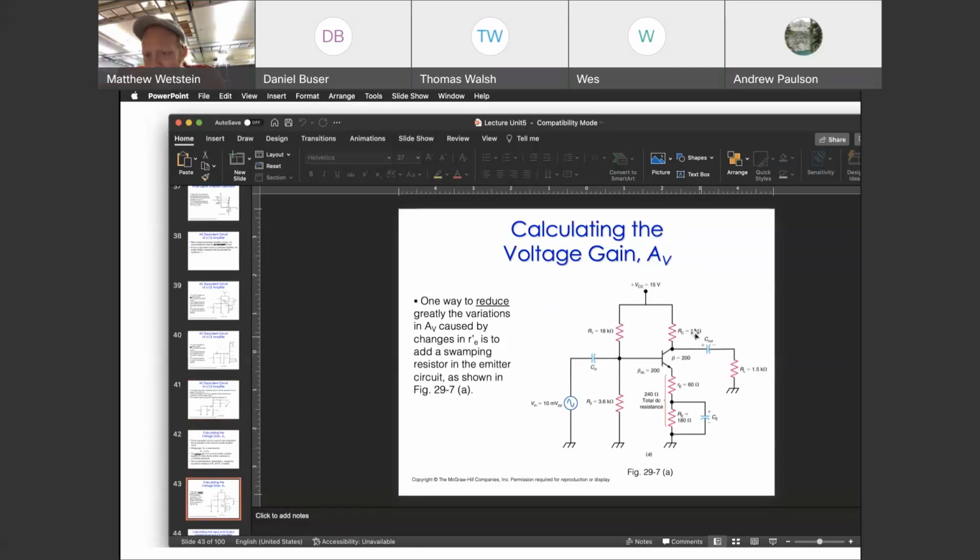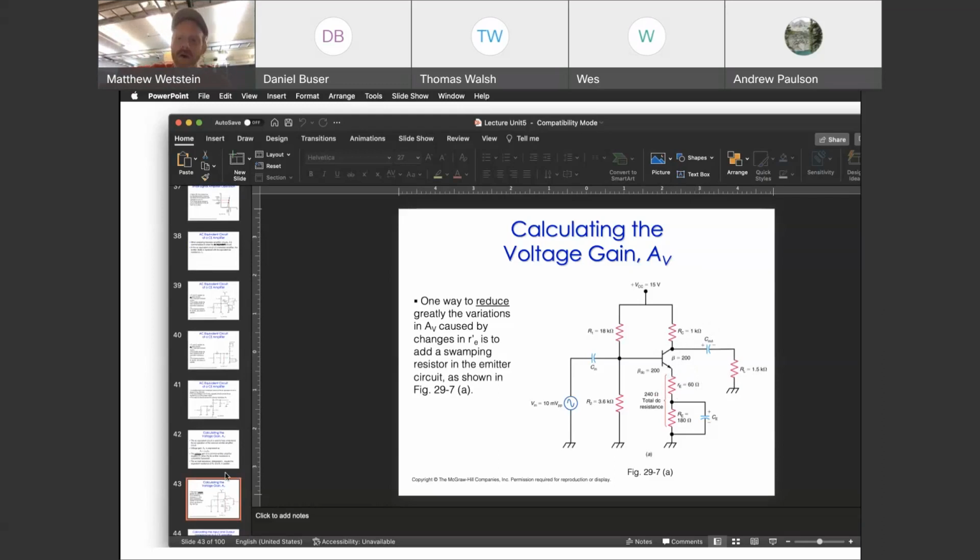So if I do the parallel combination of these two resistances, that's R sub L, and that's the total resistance that is seen on the upper half of the transistor circuit. And on the lower half, it's lowercase r sub e with an apostrophe over it, which is the internal resistance of the diode, and it's that ratio that gives you your gain.